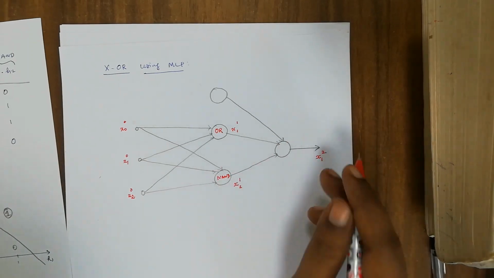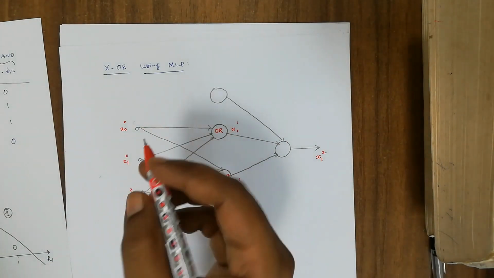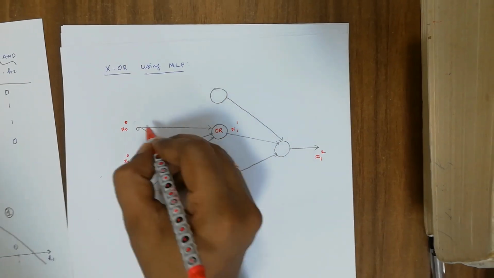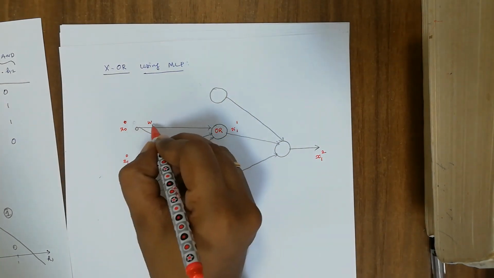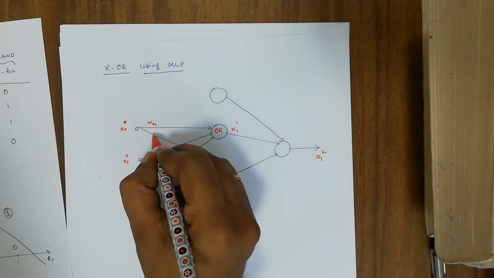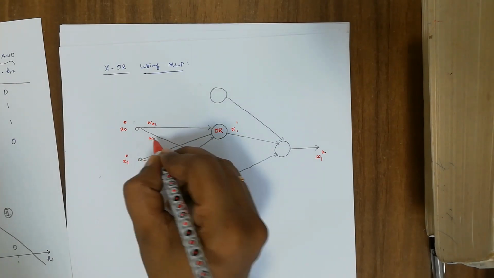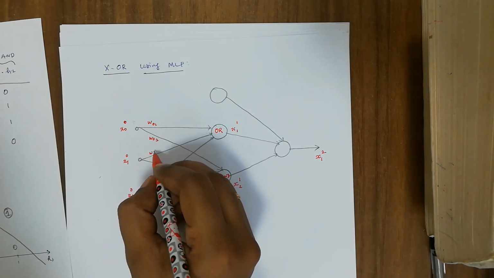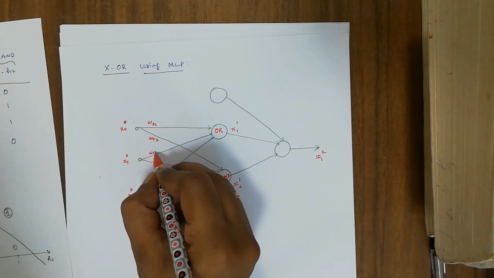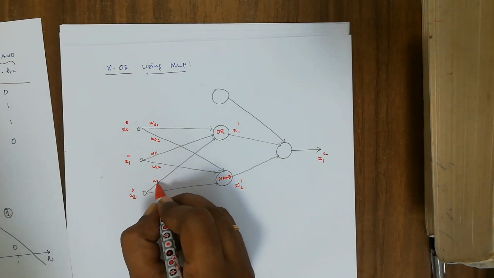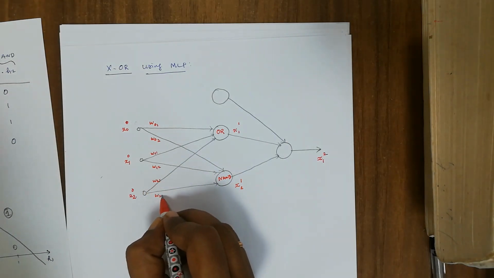All these terms were discussed in the derivative function, and this can be represented as W01, and then this is nothing but W02. This is W11, and this is W12. This one W21, this is W22.